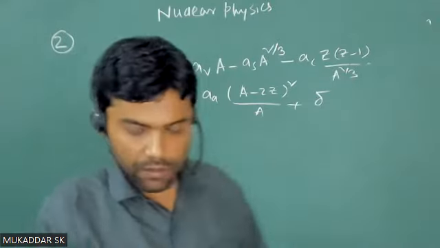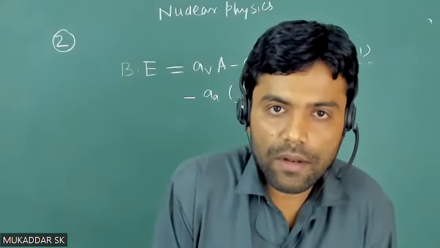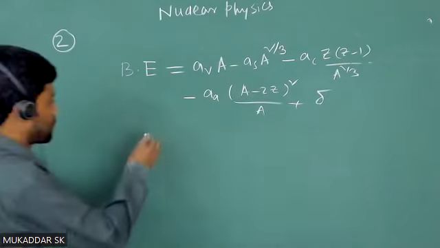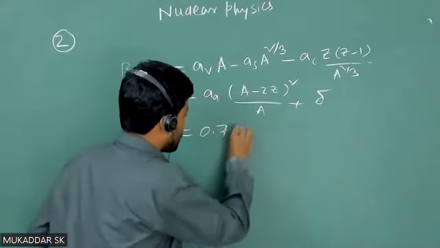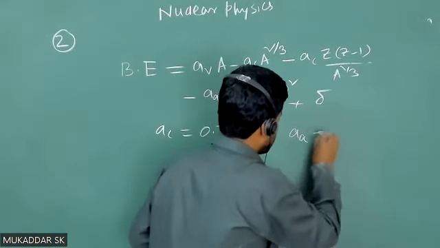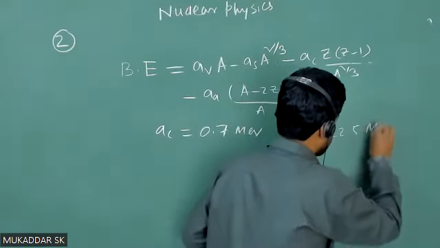Well, so let us come back to that question. They provided you that binding energy formula according to liquid drop model, and they have provided this Coulomb coefficient also. AC is 0.7 mega electron volt, and the asymmetry energy coefficient provided is 22.5 mega electron volt.